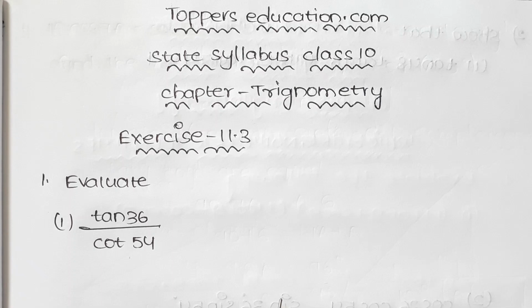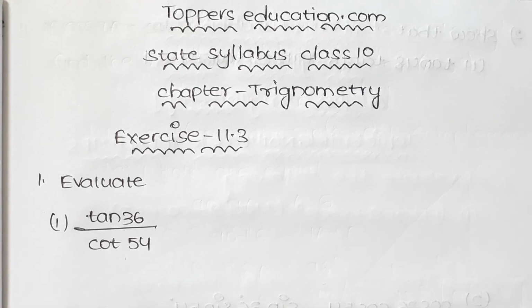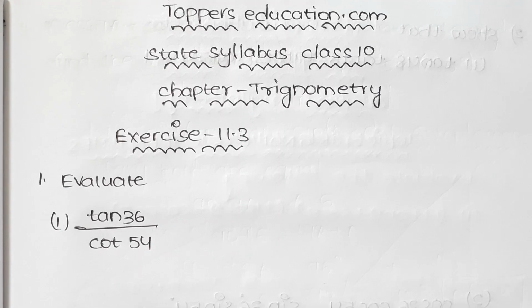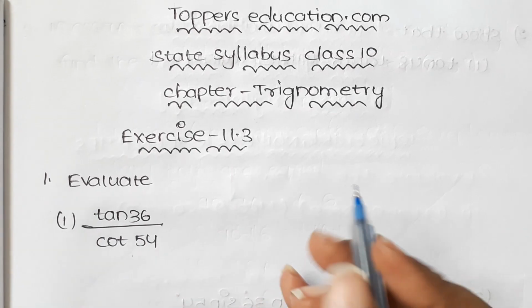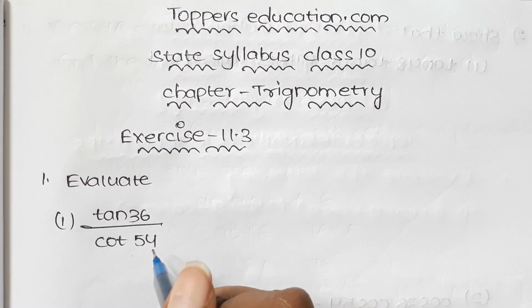In the previous video, we have seen some of the examples based on this exercise. According to that, now let us solve these problems. Now here tan 36 divided by cot 54.